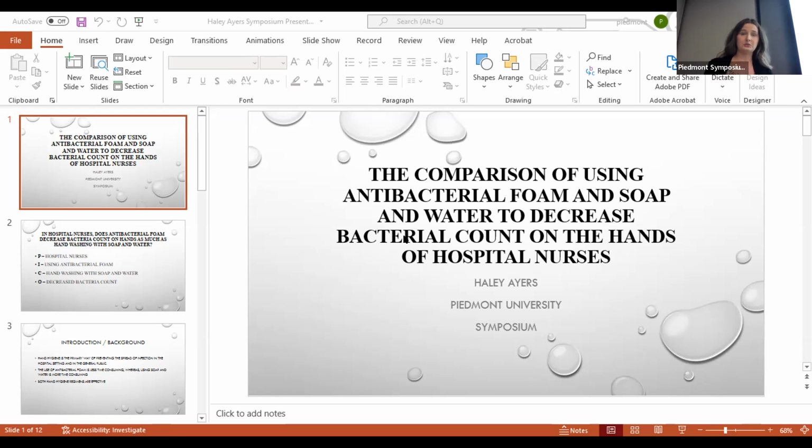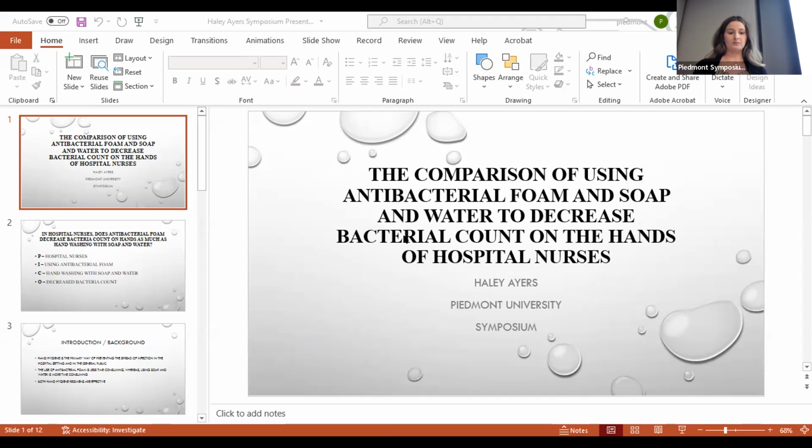The interventions used were evaluated for a mean reduction in colony-forming units under 2 contamination protocols, which was either the whole hand or just the palmar surface of the hand. Both protocols showed a mean reduction using soap and water. So in conclusion, hand washing with soap and water showed the greatest efficacy in removing C. diff and is recommended over the use of alcohol hand rubs when contact with C. diff is expected or likely.